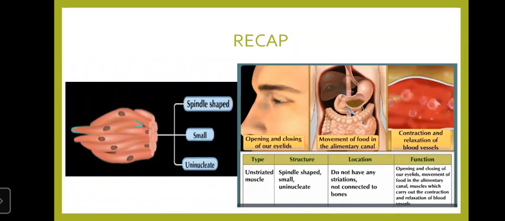So it helps in movement of internal organs, like movement of food in the digestive tract, movement of the ova in the reproductive tract, movement of the eyelids, and even the movement of blood in the blood vessels is possible because of the movement of smooth muscles.